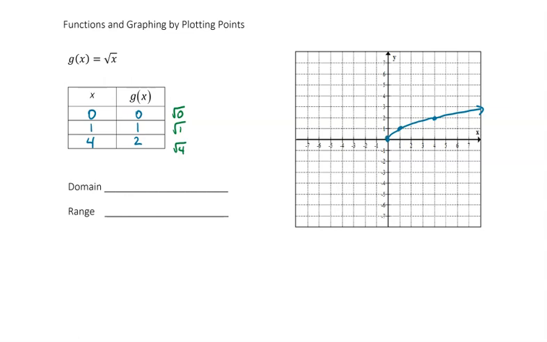But if you notice, it does have a definite stopping point right here at 0, 0. So this one's domain is not negative infinity to infinity. Instead, it is 0 to infinity because it stops on the left at 0. Same thing with the range. It doesn't go down past 0. It's going to be 0 to infinity there as well.